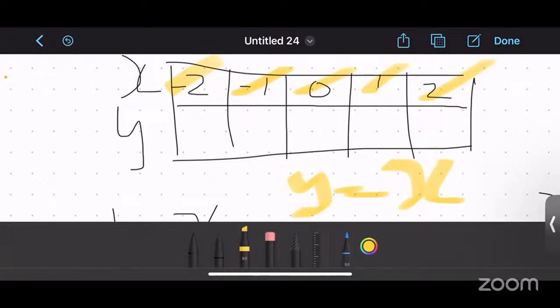I'm saying what is going to be the y value when our x values are minus 2, minus 1, 0, 1, and 2. Manahil, are you still there?